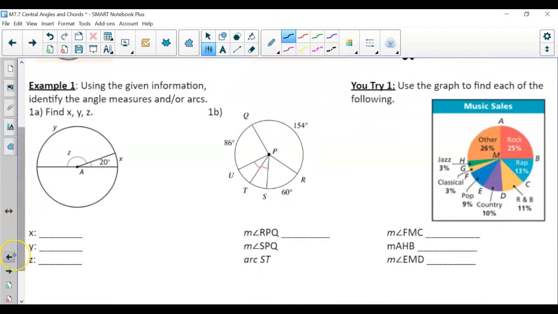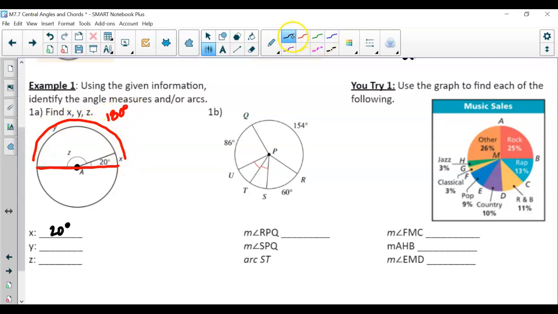So example 1, we're going to look for X, Y, and Z. Now we're only given this central angle here. So notice in circle A, we have an angle measurement of 20 degrees. So that means X is 20 degrees. That means Y, well, again, notice how here we have the diameter, which is creating 180 degrees.